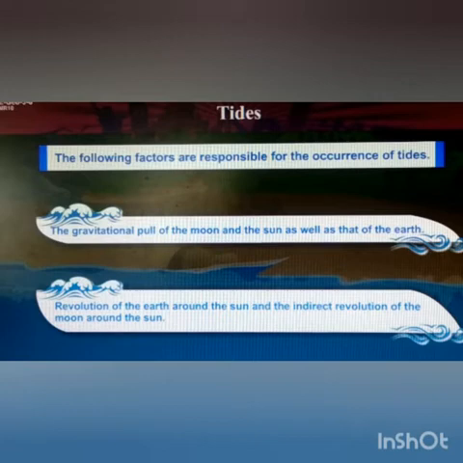Last point, centrifugal force generated due to the rotation of the earth. Now we all know that the earth rotates around itself, and while rotating it generates a centrifugal force, as we have seen earlier, and this centrifugal force works away from the center.